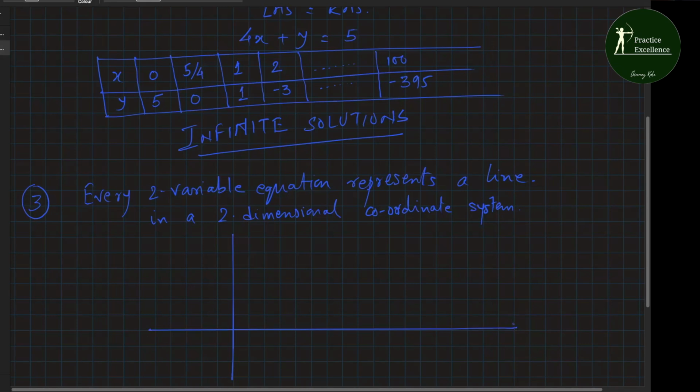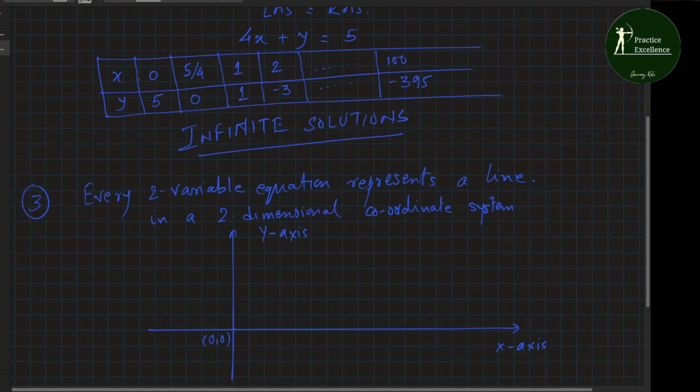So this horizontal line represents the x-axis. This vertical line represents the y-axis. This is our two-dimensional coordinate system where this point is 0, 0, which is our origin, right in the center. To plot this line, what do we need to do? We need to look at the solutions of this equation.